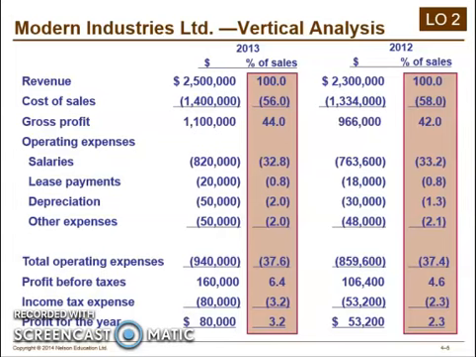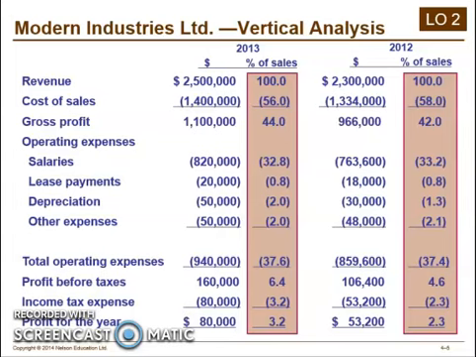So then we look at cost of sales. What percentage is our cost of sales compared to our revenue? So we take 1.4 million divided by 2.5 million, and that gives us 56%. So our cost of sales represents 56% of our revenue. Let's jump over to 2012.